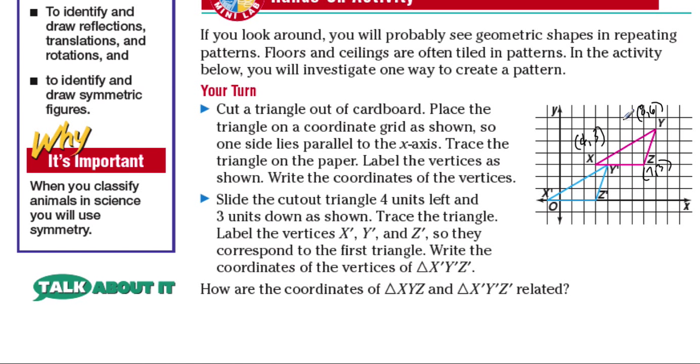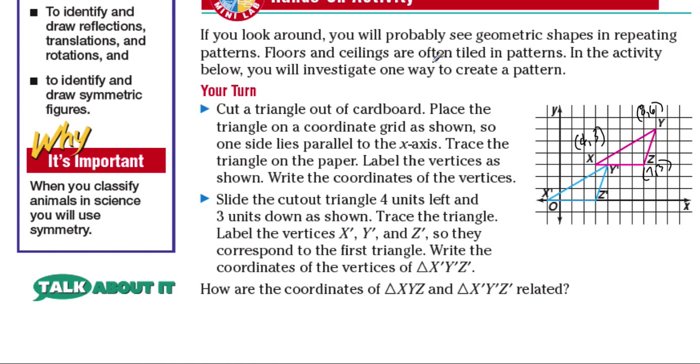After writing the coordinates for all our vertices, slide the cutout triangle 4 units to the left and 3 units down as shown. Basically we slide each vertex of our triangle 4 units to the left and 3 units down.